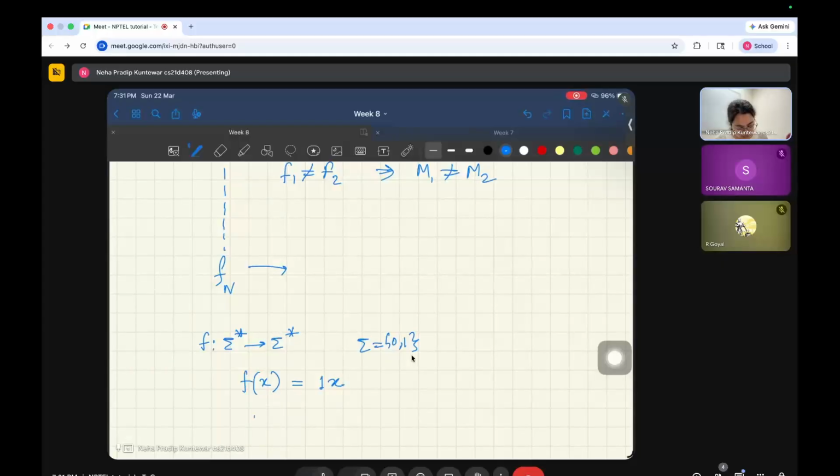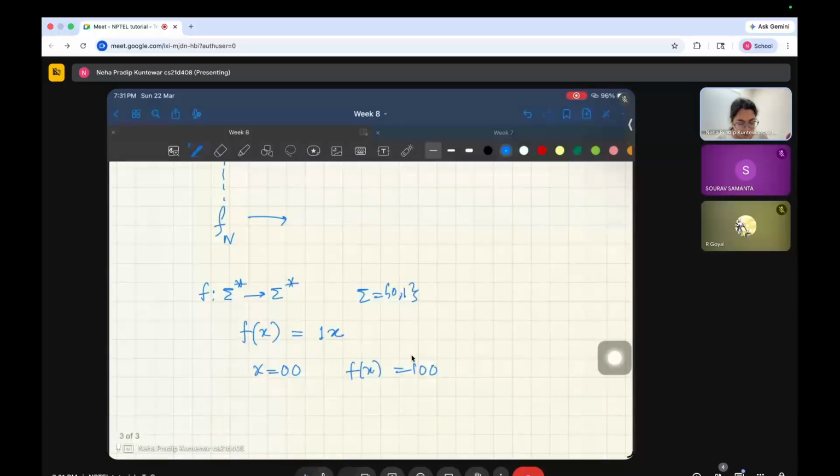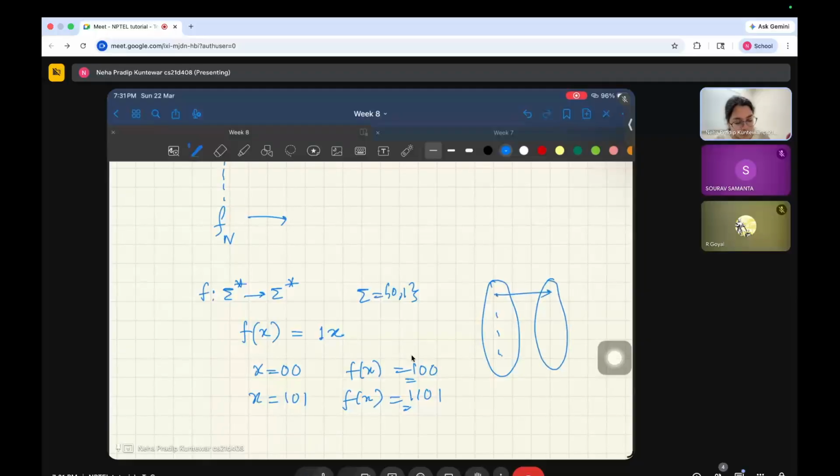So if x is 0 0, then f of x would be 1 0 0, and if x is 1 0 1, f of x would be 1 1 0 1. It just adds a 1 before whatever the input is. You can imagine any kind of function: given some strings here, it tells you what to map them to on the right hand side. This is your f.